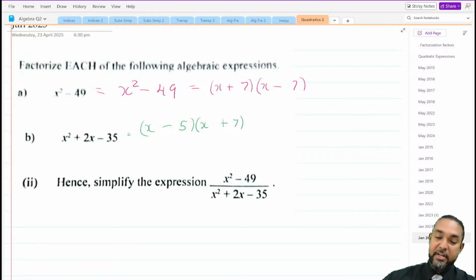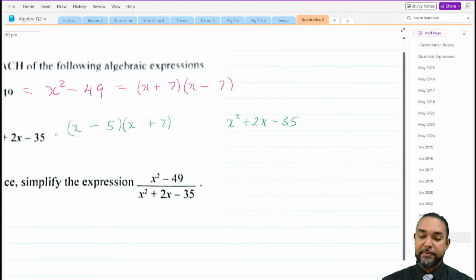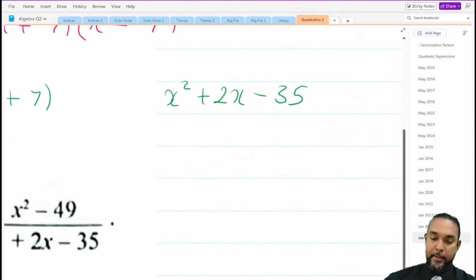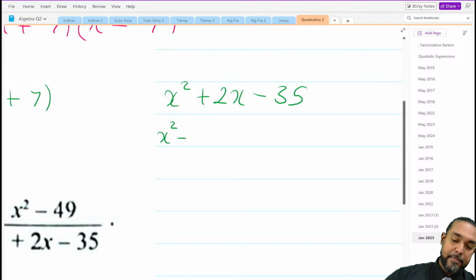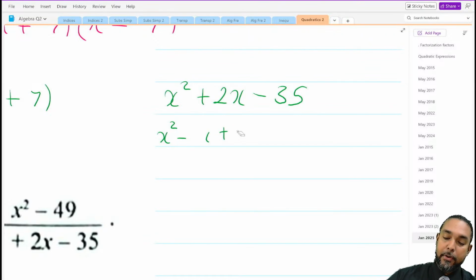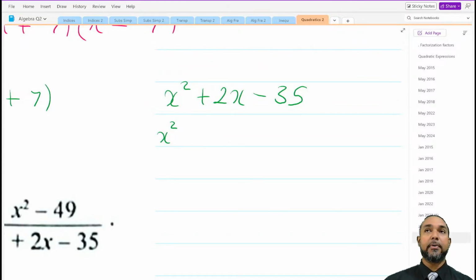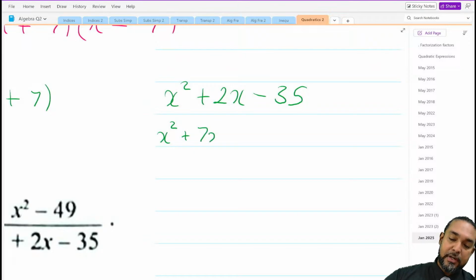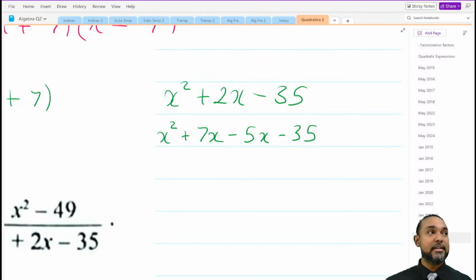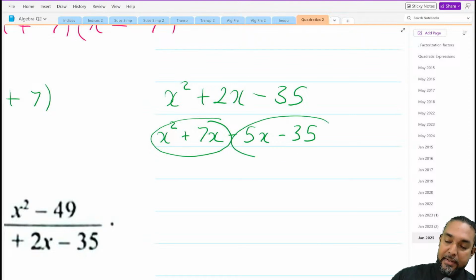Now, of course, if you want to see the full factorization, we know that it's going to split into minus 5 and plus 7. So again, you could put the minus 5 first or the plus 7 first. It does not matter. Remember, we're not just doing this step arbitrarily. There's a logic in it. We're rewriting the middle term 2x as 7x minus 5x, and the reason we're doing that is to facilitate the factorization by grouping, as in we factorize in this pair and then this pair.